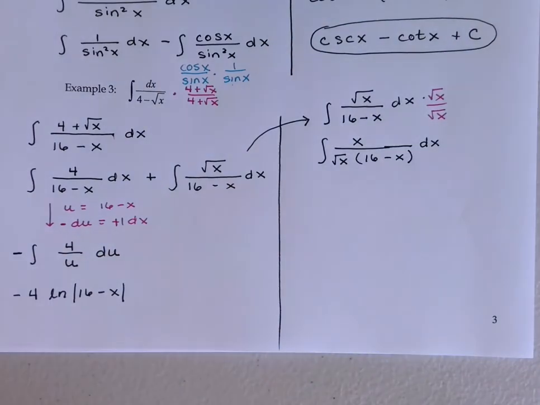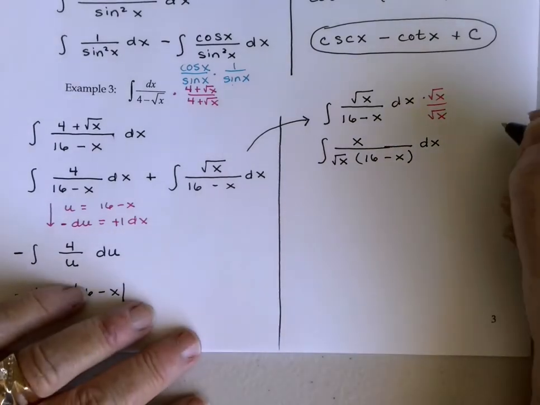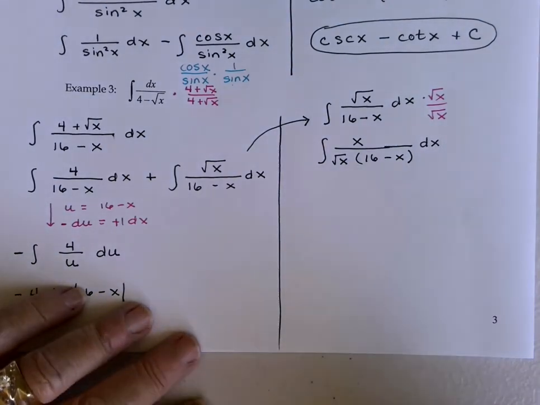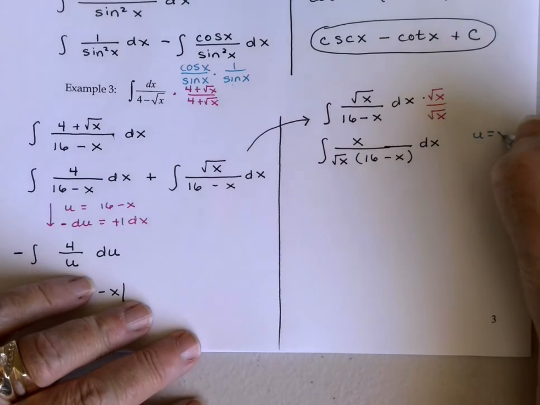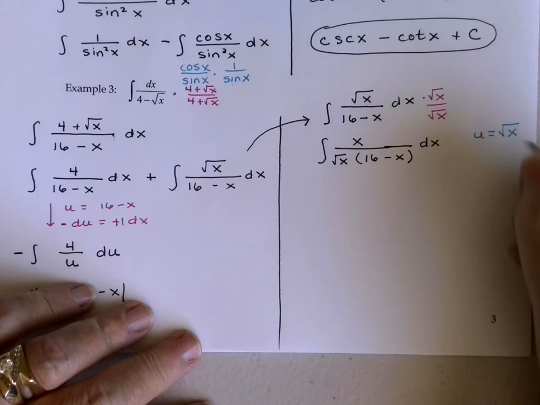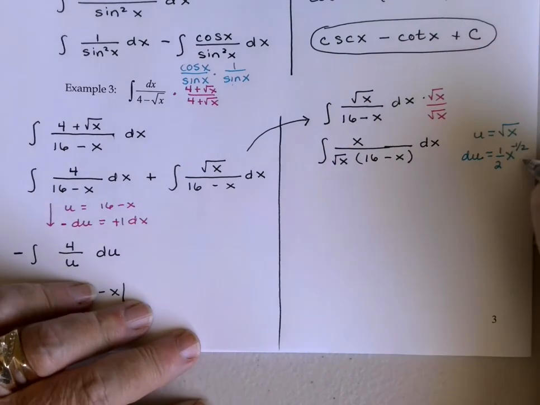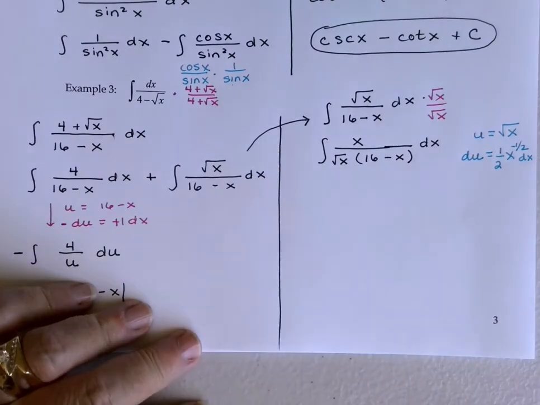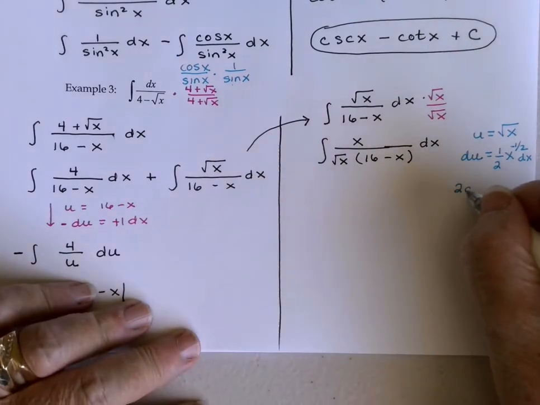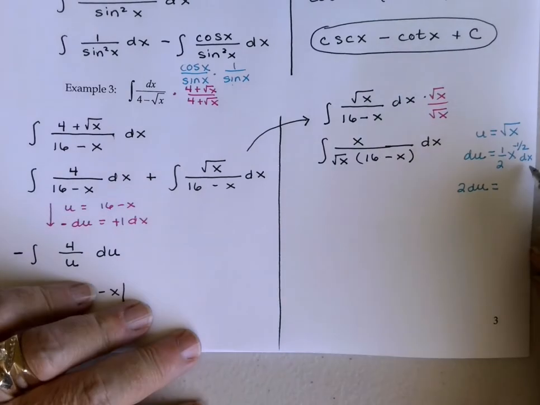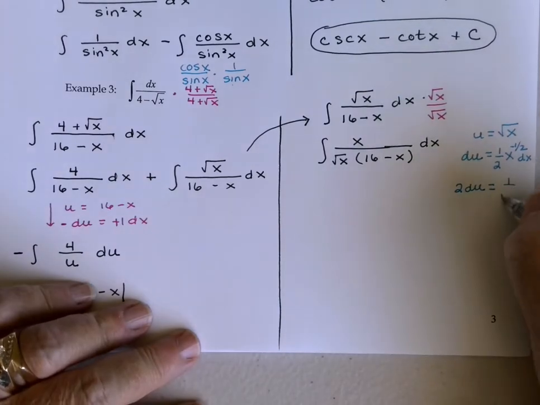I'm going to leave it like that. And now I'm going to let u be that square root x. All right? Let's see what happens when I do. du would be 1/2 x to the negative 1/2 dx, or 2 du would be, and I'm going to write that as 1 over the square root of x, dx.